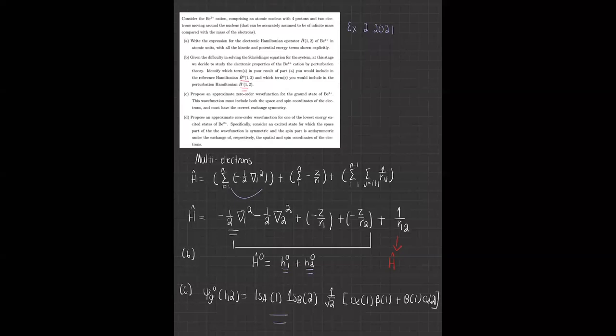Okay, so for part D, it's telling us that the spatial part is an excited state. So we could pretty much write the same wave function, but this time the spin part is anti-symmetric and the spatial part of the electrons is symmetric.